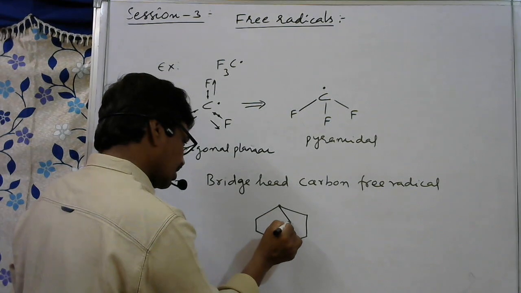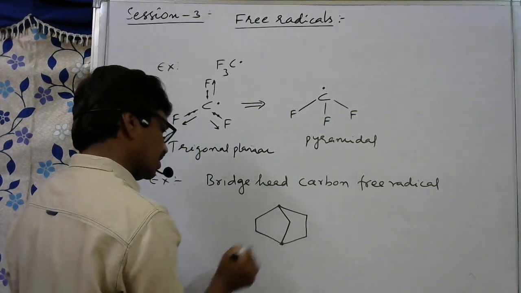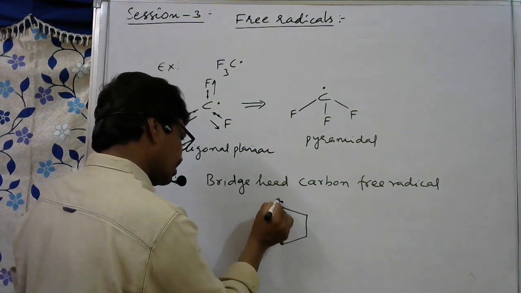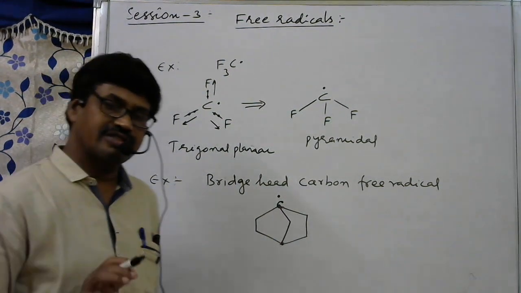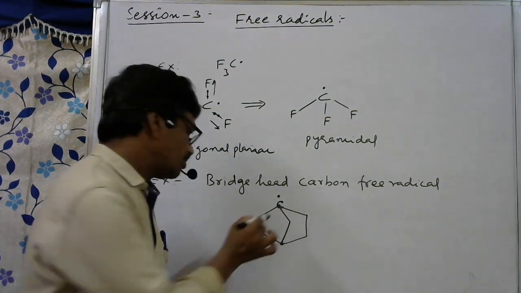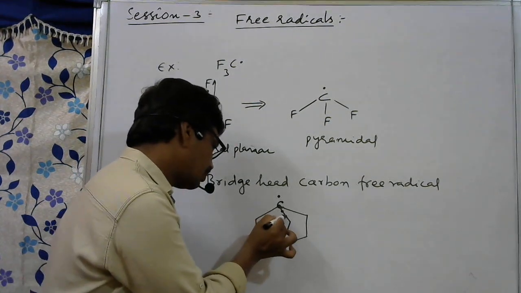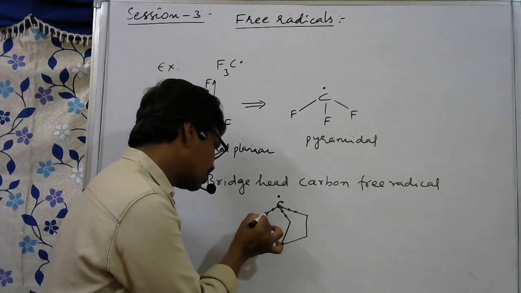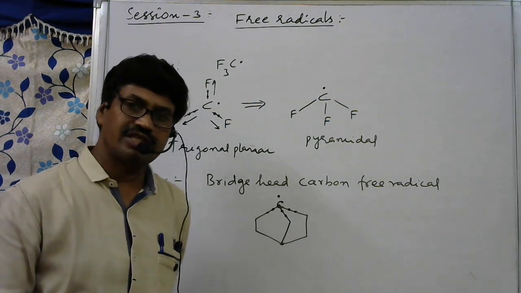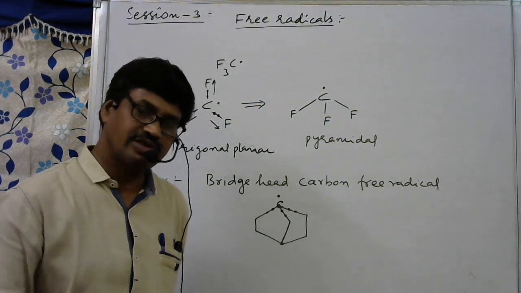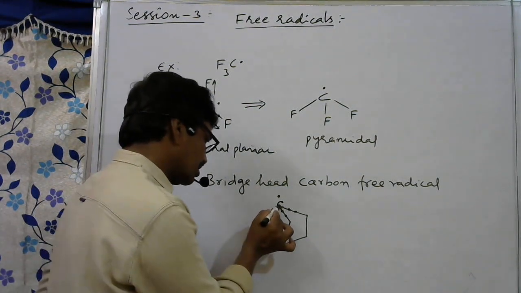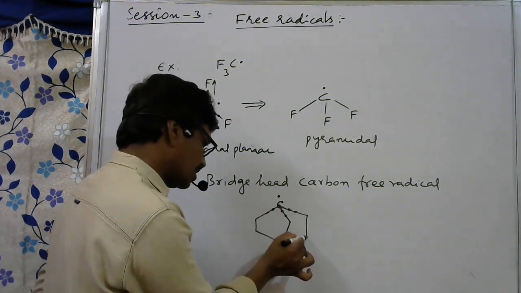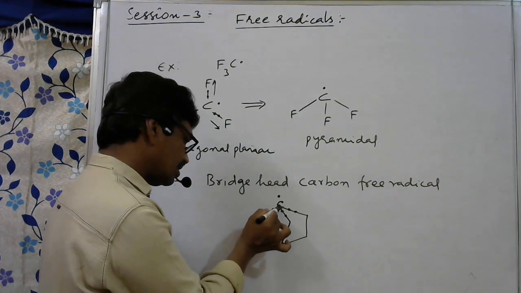If this carbon contains a free radical, what can we expect as per the normal concept? Three bond pairs are present, one bond pair here, one here, one here. N equal to 3 means hybridization is sp2. Hybridization is sp2 only. But because of steric strain, here one bond is connected here, this bond is connected here.